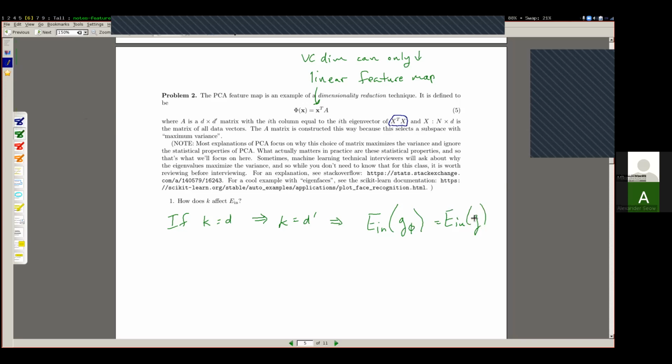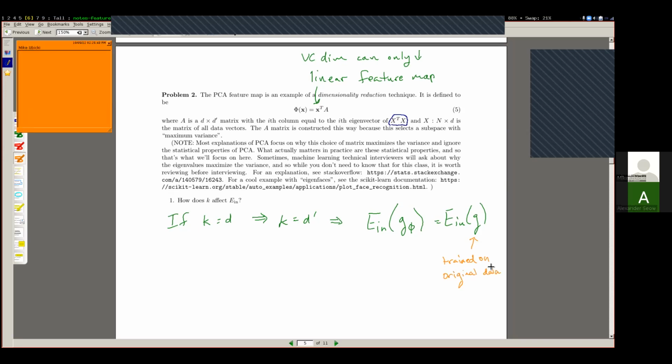Here, g is trained on the original, non-transformed data, and this g_phi is trained on the transformed data. Seeing this exactly is, again, an exercise in linear algebra that we're not going to go into the details of, and you can take it as fact.